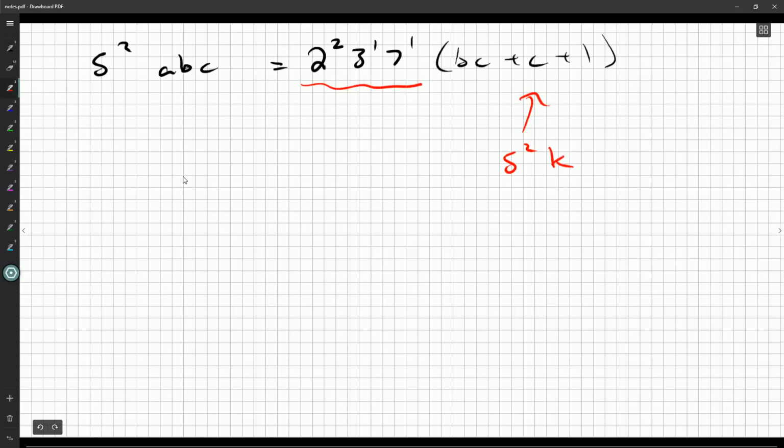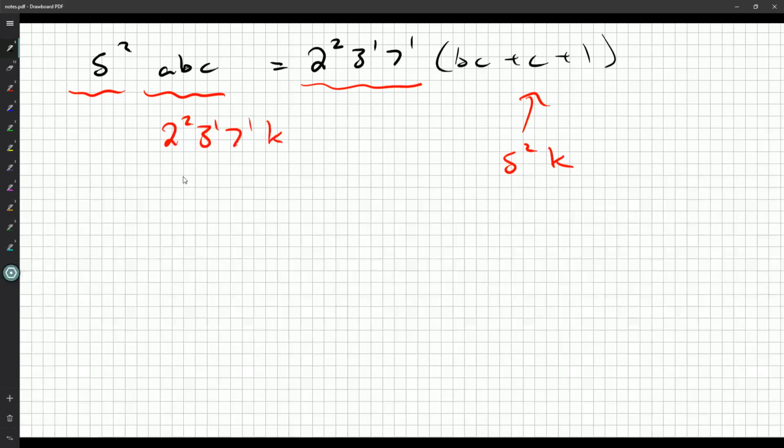And there's no factors of 2 or 3 or 7 here, so a times b times c has to be 84 times k. So there's got to be some 2s, some 3s, some 7s. Okay, so 2 squared, 3 to the 1, 7 to the 1. All right. So where can we go from here?